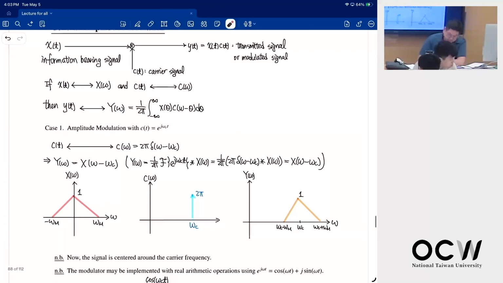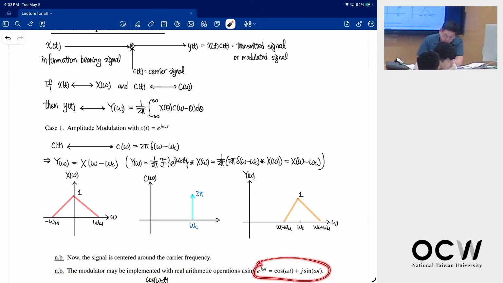So here you can see that the signal is centered around the carrier frequency. This is a carrier frequency, omega c here, right? So instead of in the baseband, now it's centered at around the carrier frequency. And the modulator may be implemented with the real arithmetic operations.